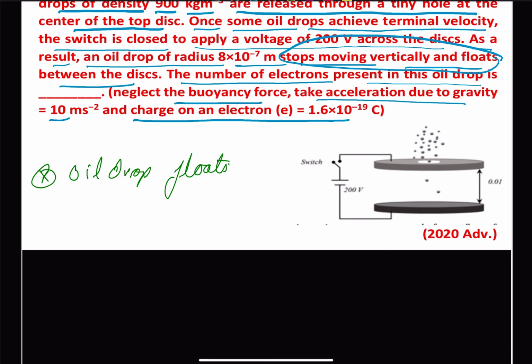Our oil drop floats, which tells us the net vertical force is 0. Obviously in the downward direction we are going to have mg, that's the weight. Upward we are going to have an electric force.